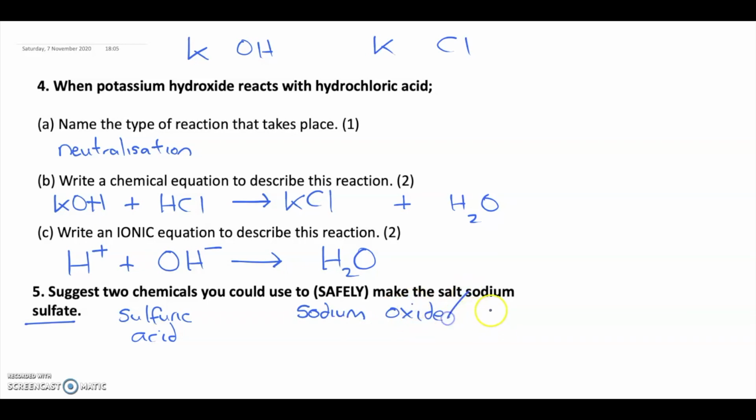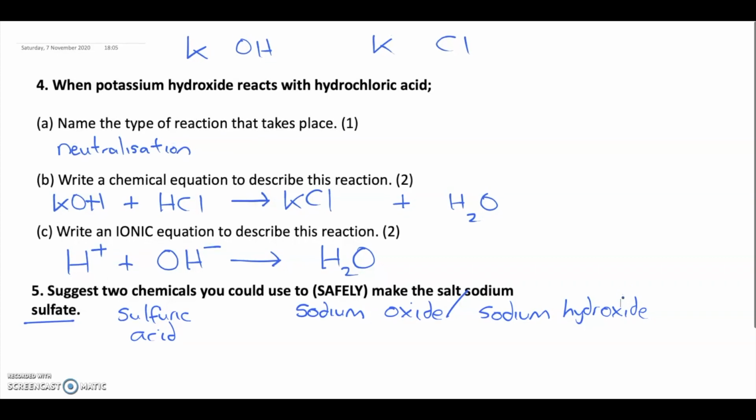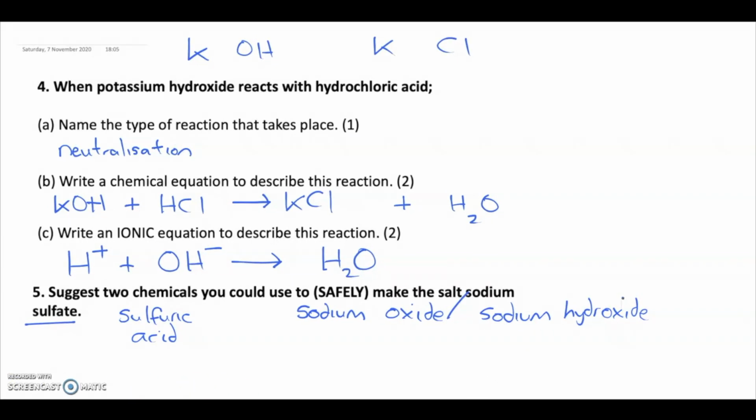Now it wouldn't be appropriate to use sodium metal here because we've learnt previously in another module that sodium reacts violently with water and acid. So we would need to use a base or an alkali. So we could use sodium oxide or sodium hydroxide. Now we could use sodium carbonate here, and we're going to learn more about this later in the lesson.